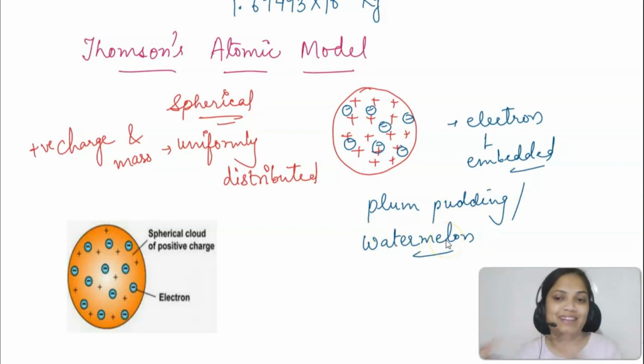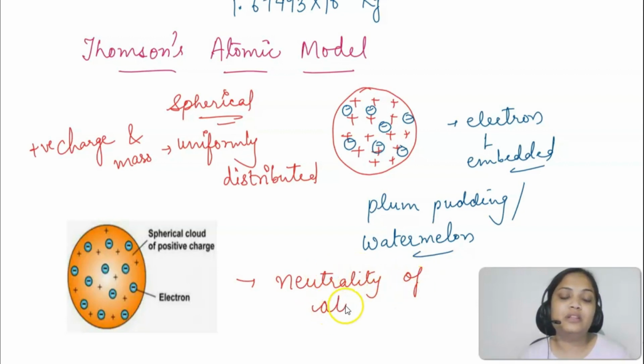You can relate it to a watermelon also, right, students? So that's what Thomson's atomic model was. The very basic points are: he said it's spherical in shape, the positive charge and mass of the atom are uniformly distributed, and the negative charge, meaning the electrons, are embedded into it. Now, one more important point is he talked about the neutrality of the atom.